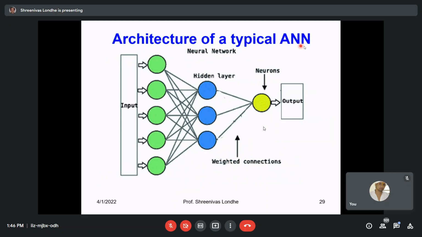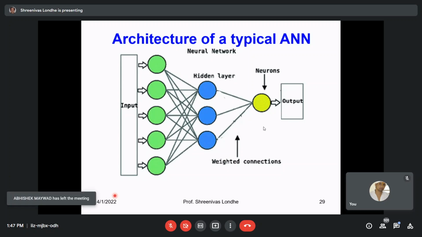See how many neurons are connected now. Inputs are there. In this input series, 1, 2, 3, 4, 5 neurons are there, and the last layer you are observing is the output. That means we have made one particular neural network in which 5 neurons are there in the input layer.